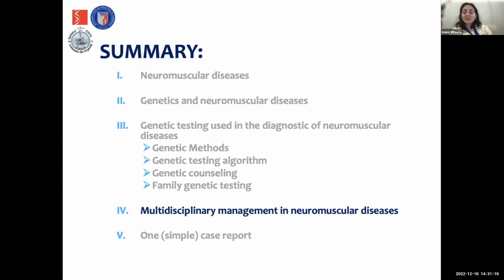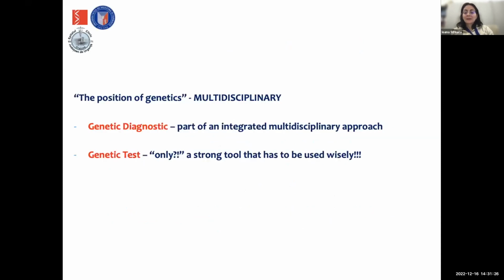As I've mentioned, what I wanted to outline through my slides is that genetics and medical genetics recommend a multidisciplinary approach in the management of neuromuscular diseases, because the genetic diagnostic is just a small piece from the puzzle of neuromuscular diseases management.